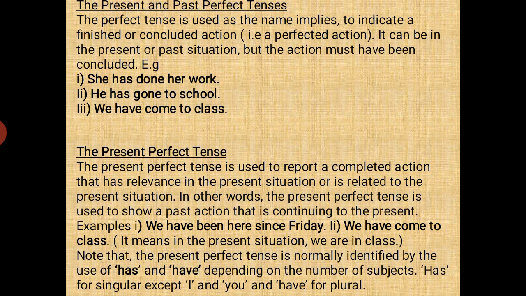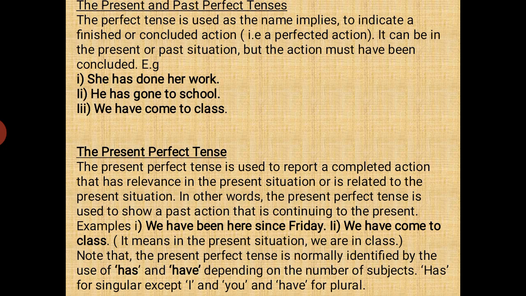The present perfect tense is used to report a completed action that has relevance in the present situation or is related to the present situation. In other words, it is used to show a past action that is continued in the present.